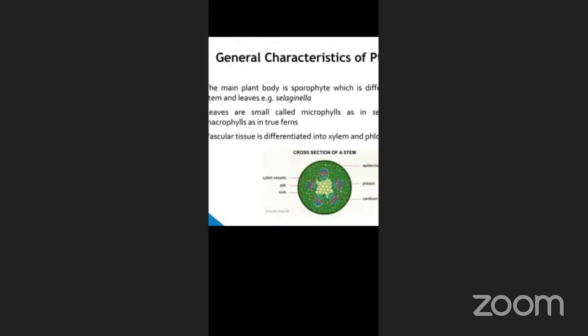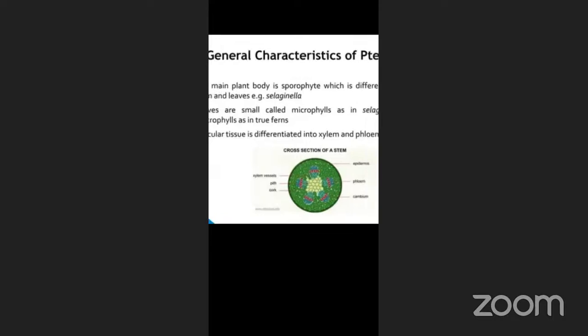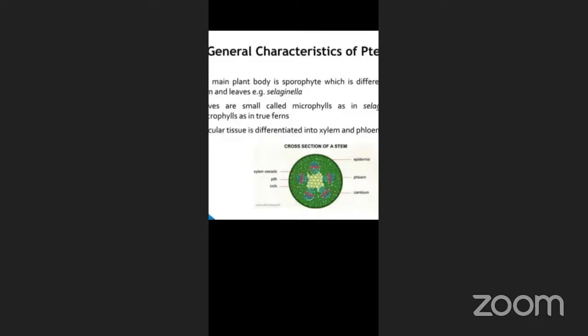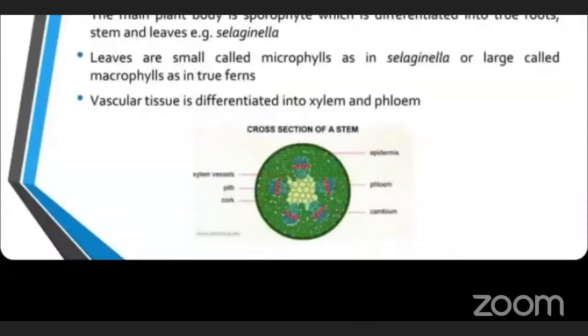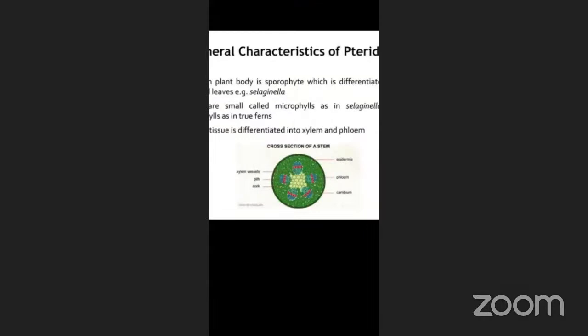Yeah, Cycas plant. So only Cycas beddomei grows in the Tirumala Hills only, not anywhere else. So that is the endemic plant. Cycas beddomei is an endemic plant. It appears on the Tirumala Hills only, Chittoor district.